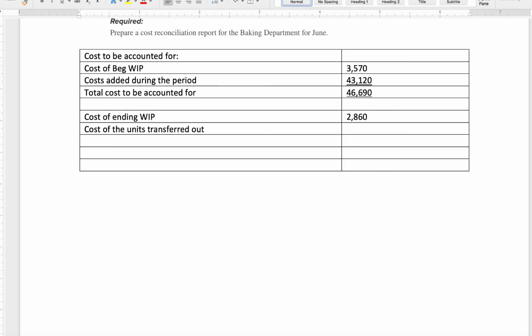But remember from chapter 2 and 3, if we take the beginning cost, which we know was 3,570, and then we take the costs that were added, which we know was 43,120, and then we subtract out the ending balance, which was 2,860, that will give me the amount that we used, or the amount that was completed and transferred out.